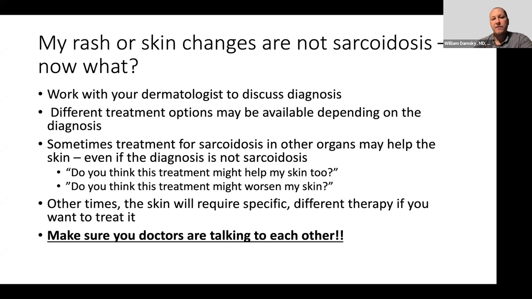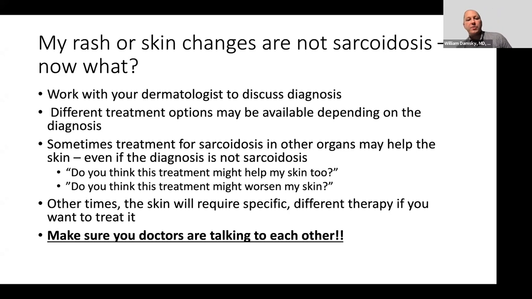There may be a variety of different treatment options depending on the severity of your disease or other factors. And interestingly enough, sometimes treatment for sarcoidosis, say maybe sarcoidosis in your lungs, may help the skin, even if the diagnosis is not sarcoidosis.